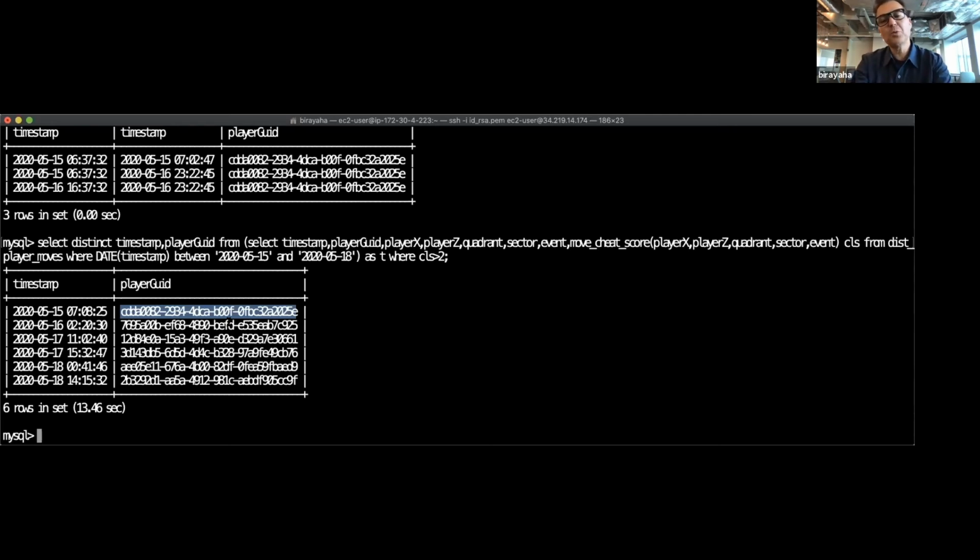So what we wanted to show you here is that the game that we presented includes lots of movements, lots of transactions that are coming at you from all kinds of directions. And with 3 select statements, we were able to get a good idea of what's going on with respect to the cheating in the game.